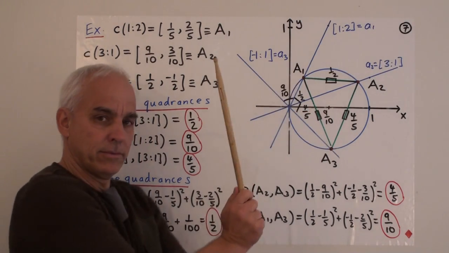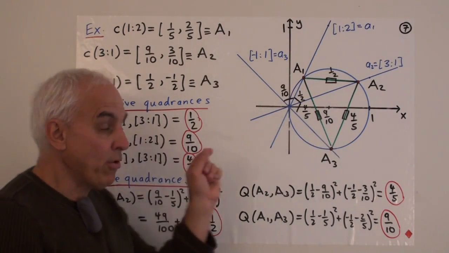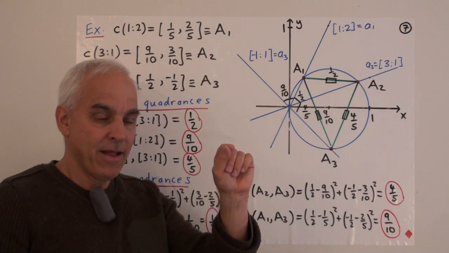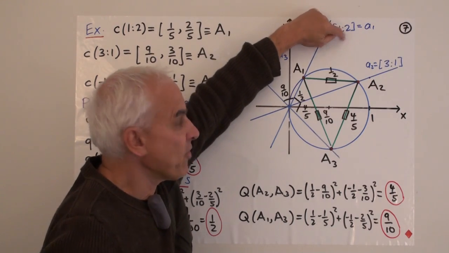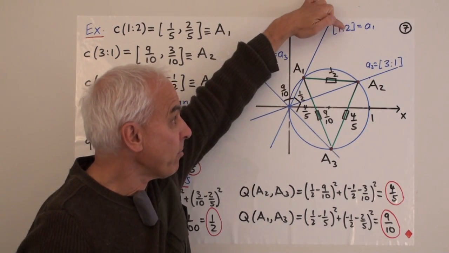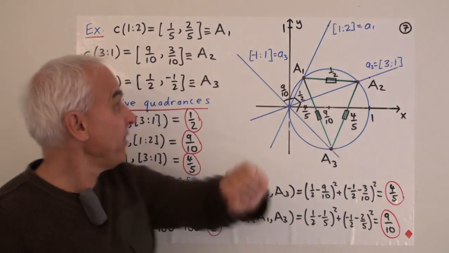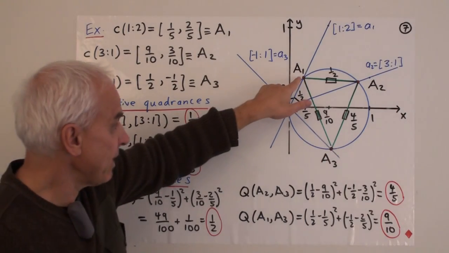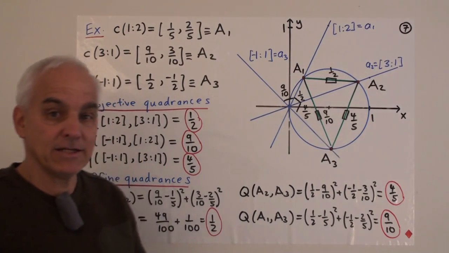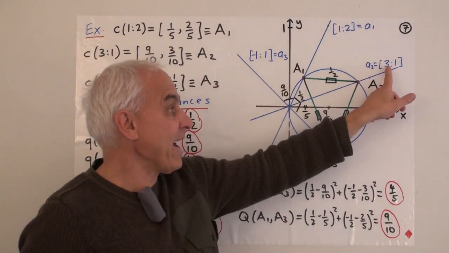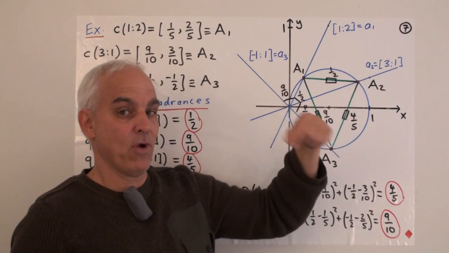How do we get A1? We get A1 by taking the point 1, 2 and multiplying both coordinates by the number lambda, which is the x-coordinate divided by the quadrance. Quadrance being 1 squared plus 2 squared, or 5. So we're going to multiply both entries by 1/5 to give us 1/5, 2/5. That's that point there. The point A2 is obtained by taking 3 to 1 and multiplying both entries by the x-coordinate, which is 3, divided by the quadrance, which is 9 plus 1, or 10.